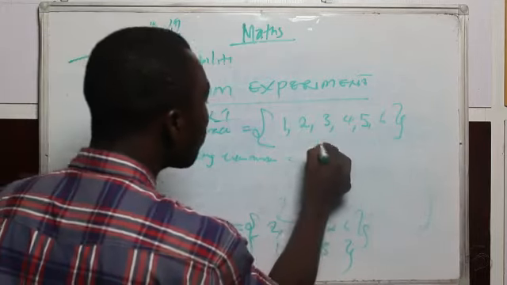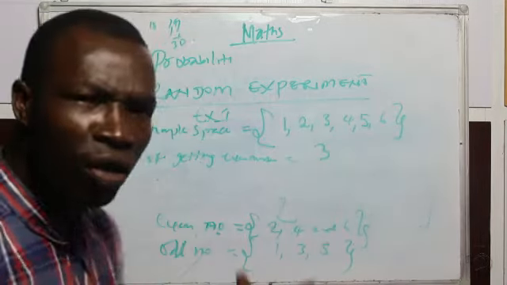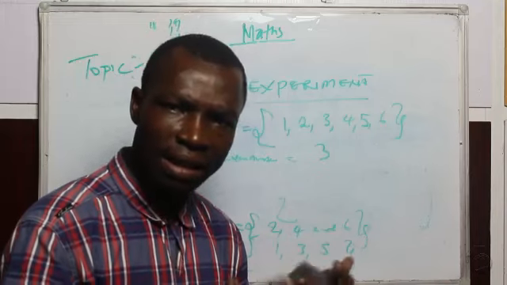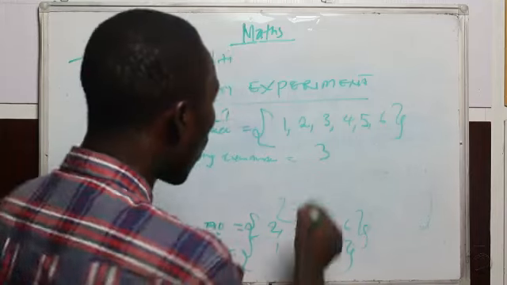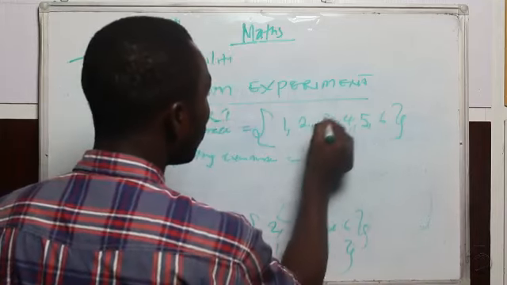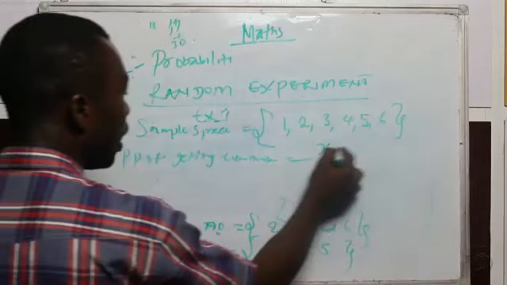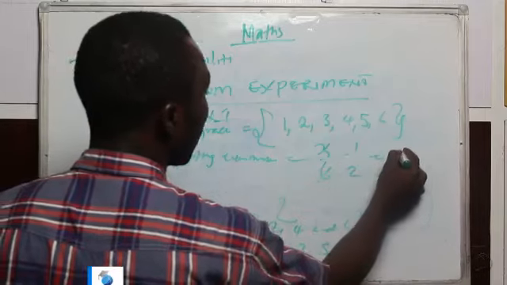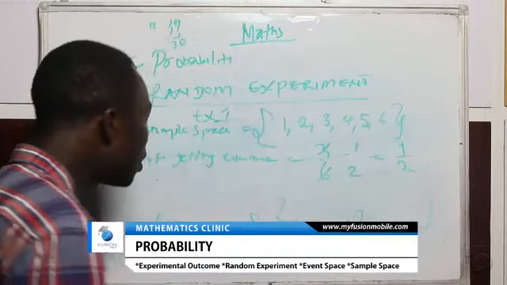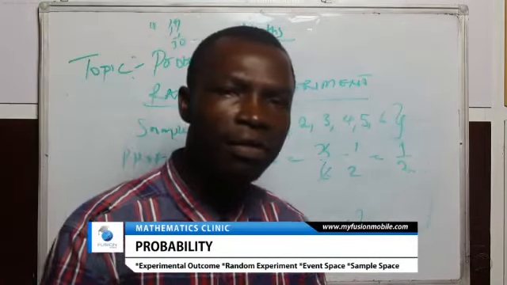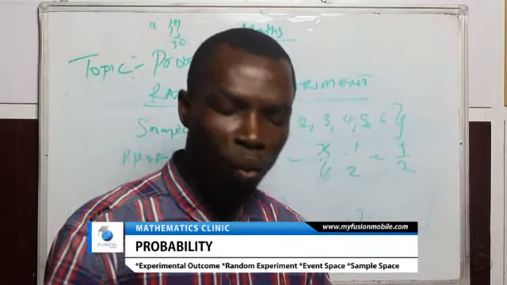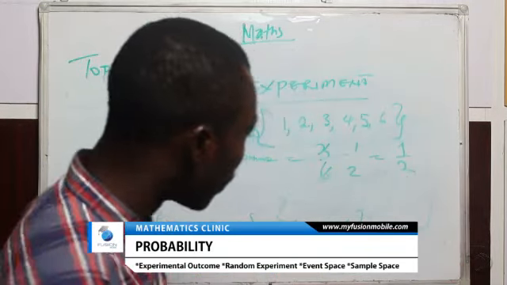That's 3. That's the number of required outcomes over the number of possible outcomes, which is 6. Three over six, which simplifies to 1 over 2. The probability of us getting an even number is 1 over 2.